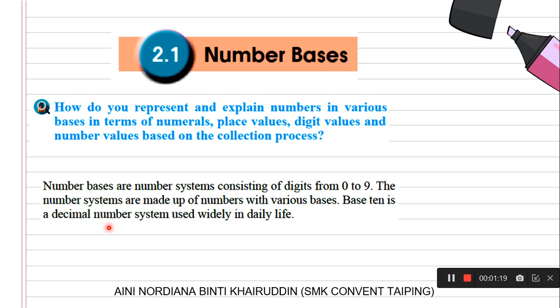This is not the decimal number like 1.2, 3.4. Decimal number in this sentence means number in base 10. Alright. So if you don't understand, don't worry. I will explain to you in the next slide.